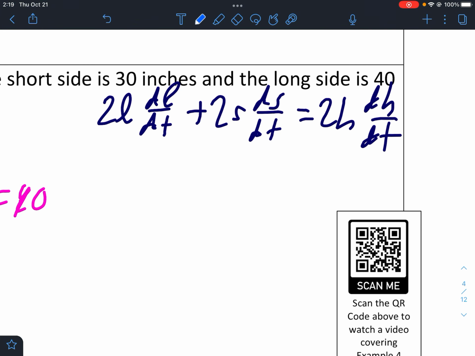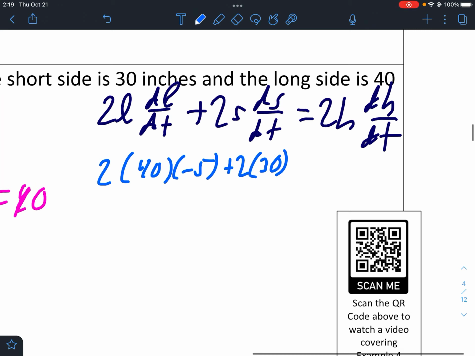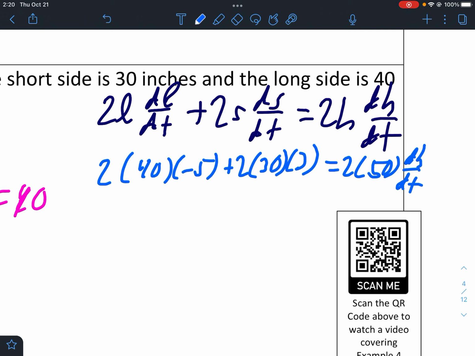So substituting in all the numbers that we know, we get 2 times 40 times -5 plus 2 times 30 times 3 equals 2 times 50 dH/dt.